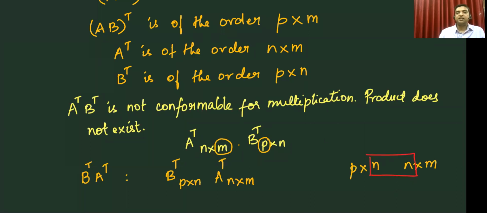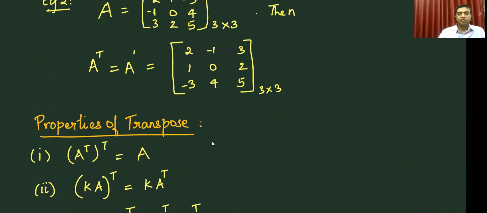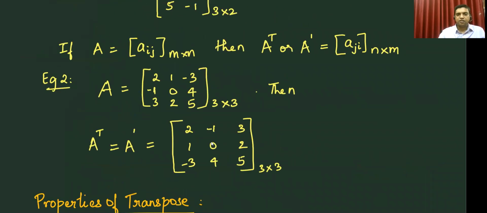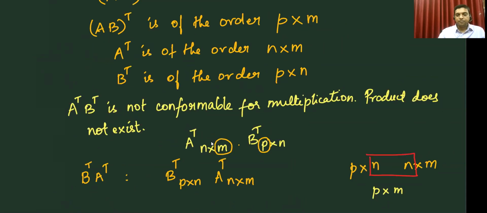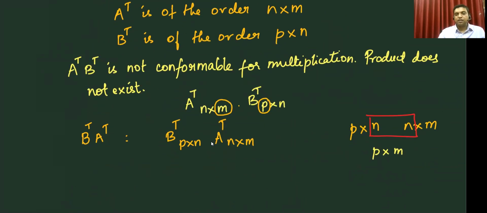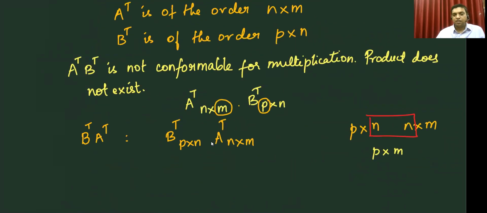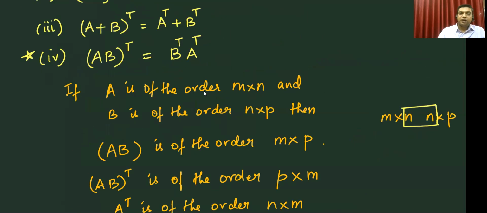Then the product exists, and the product is P by M. So this is why the transpose of AB, A B whole transpose, is B transpose A transpose.